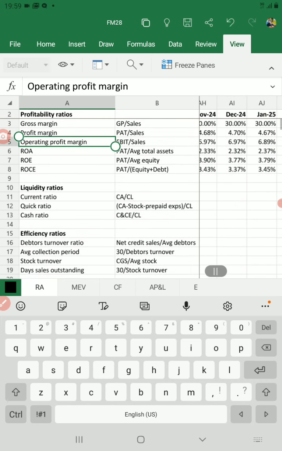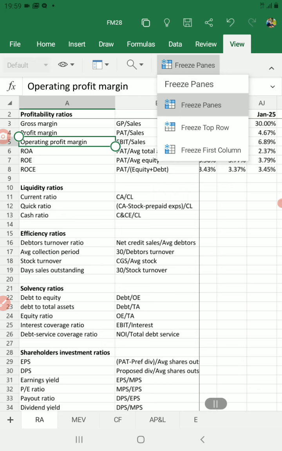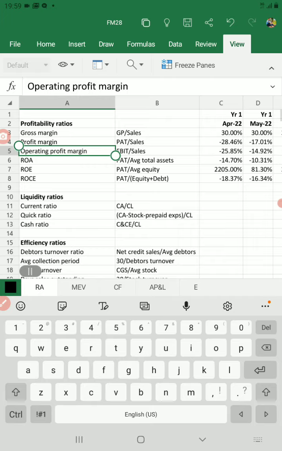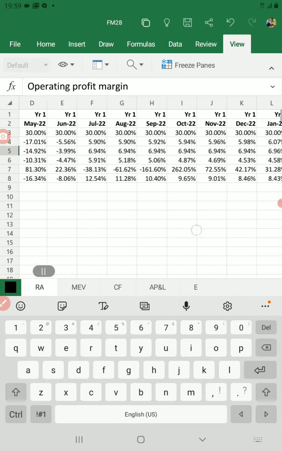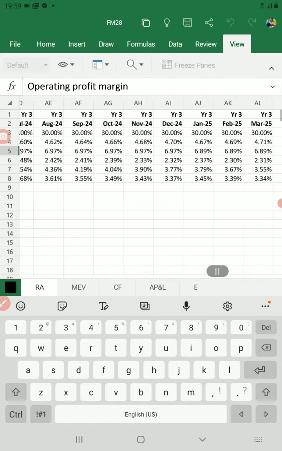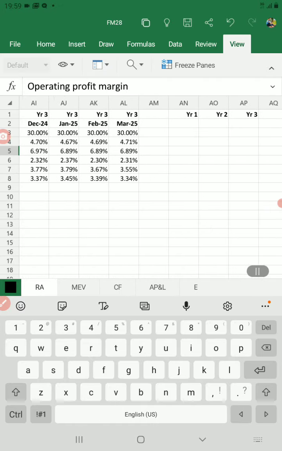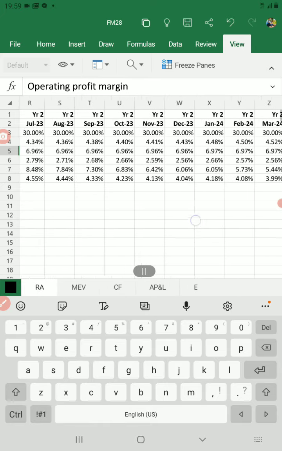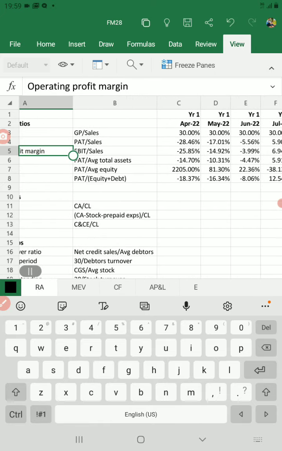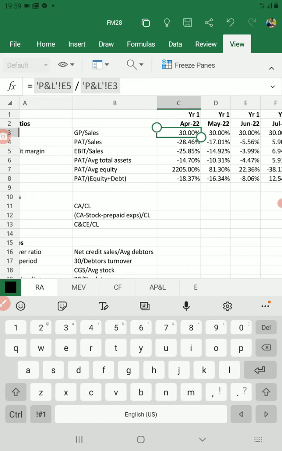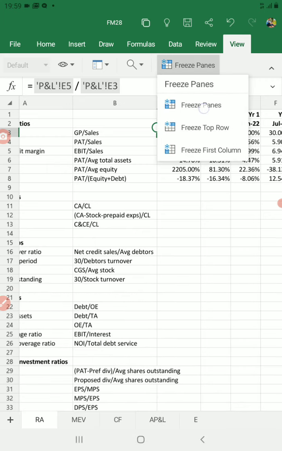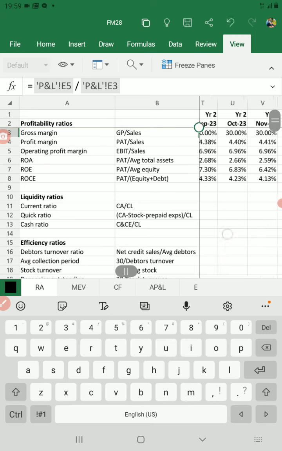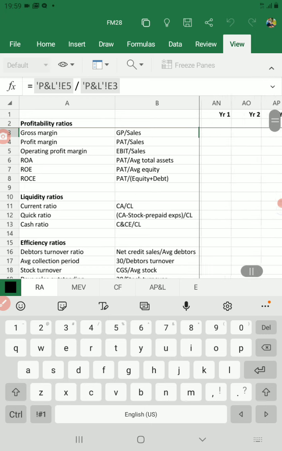Okay, so I think I need to unfreeze panes first. Let me unfreeze panes. I have done the freezing in the wrong place because I don't see this one. So let me repeat it again. This one should be done now here. Freeze panes here so that I can see, yes.